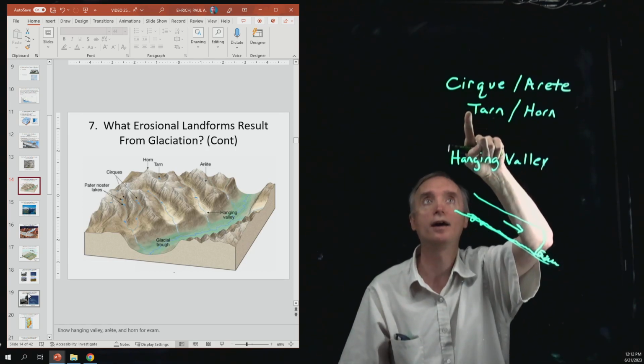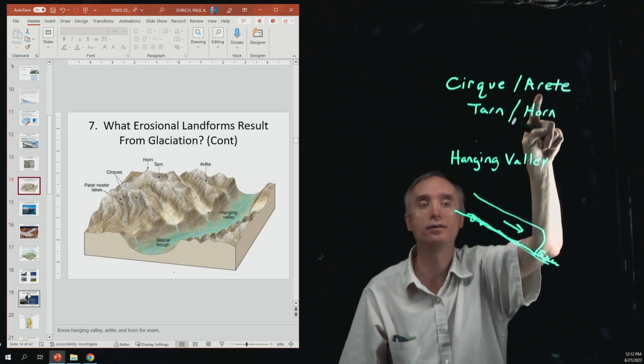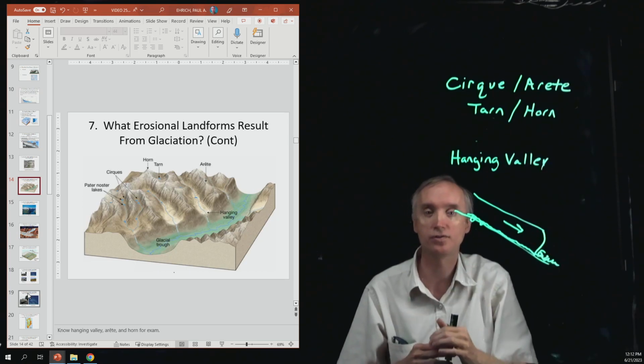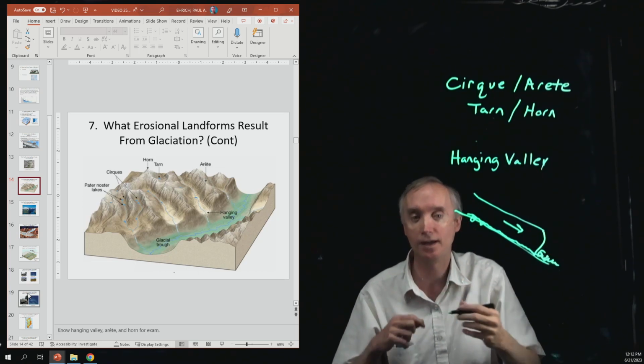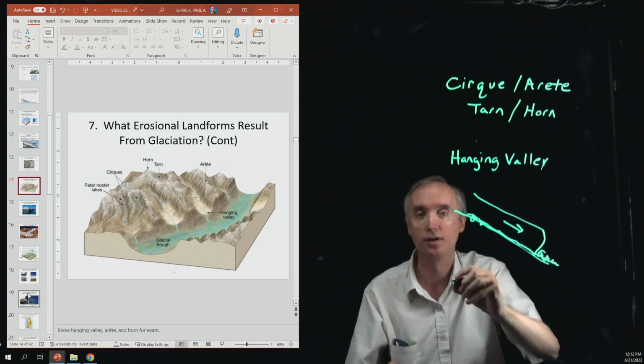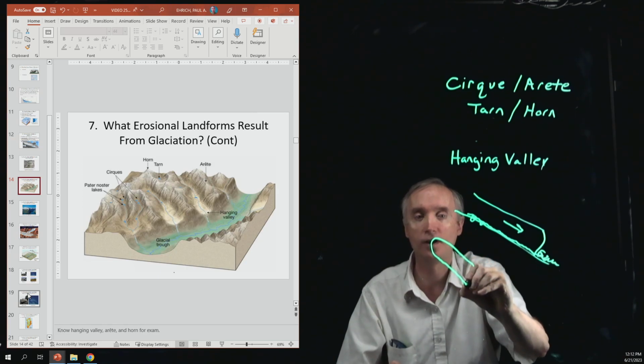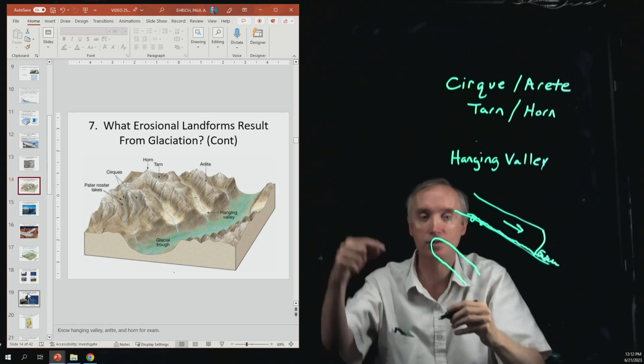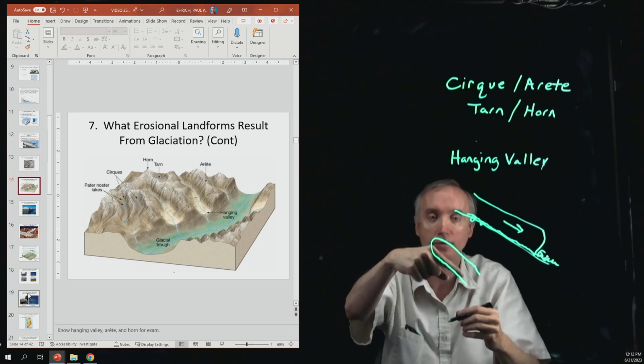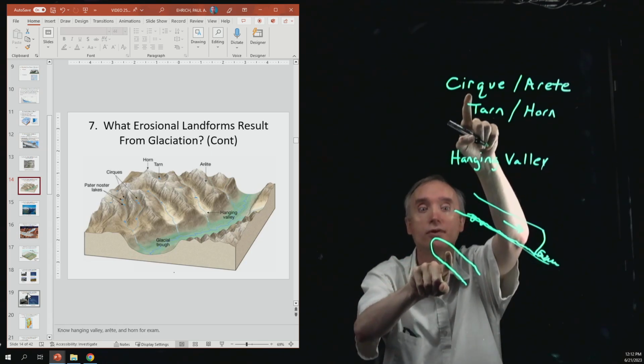You're going to have cirques and arêtes. A cirque is going to be a linear feature. In this picture here, you're going to see some areas where you have kind of like a valley that is going down off the mountain. That is going to be the cirque.